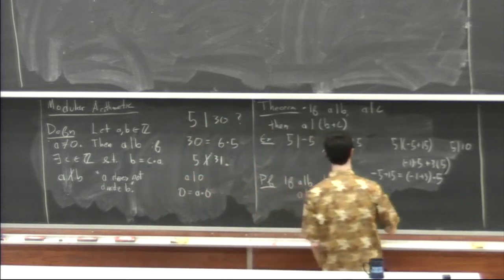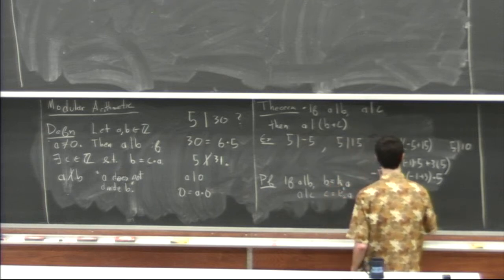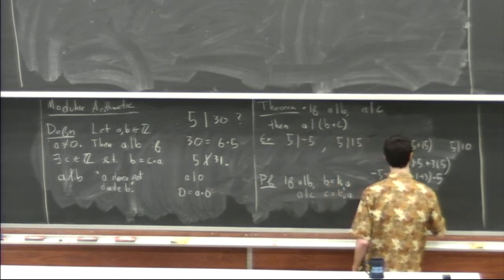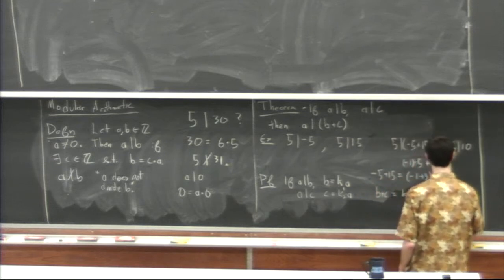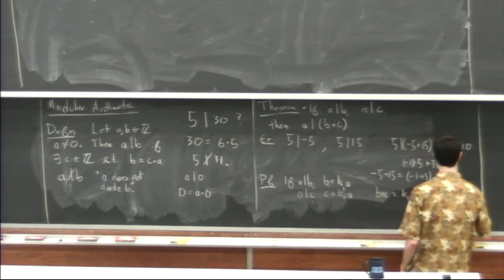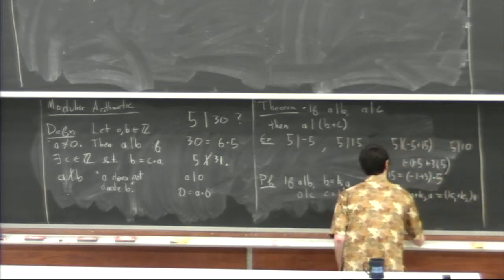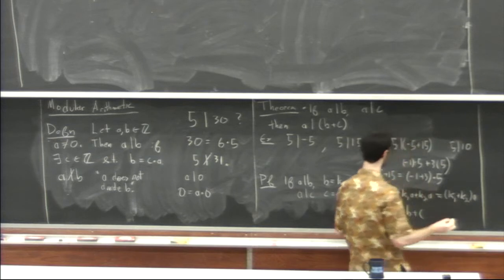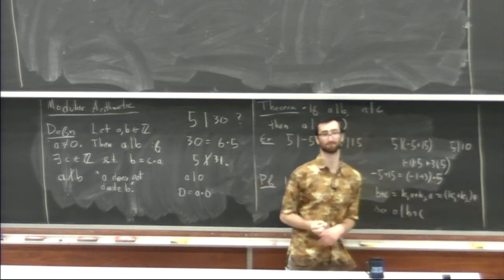And now I can write b plus c is equal to k1a plus k2a, which is equal to (k1 plus k2) times a, so a divides b plus c, because I can write b plus c as some integer times a.